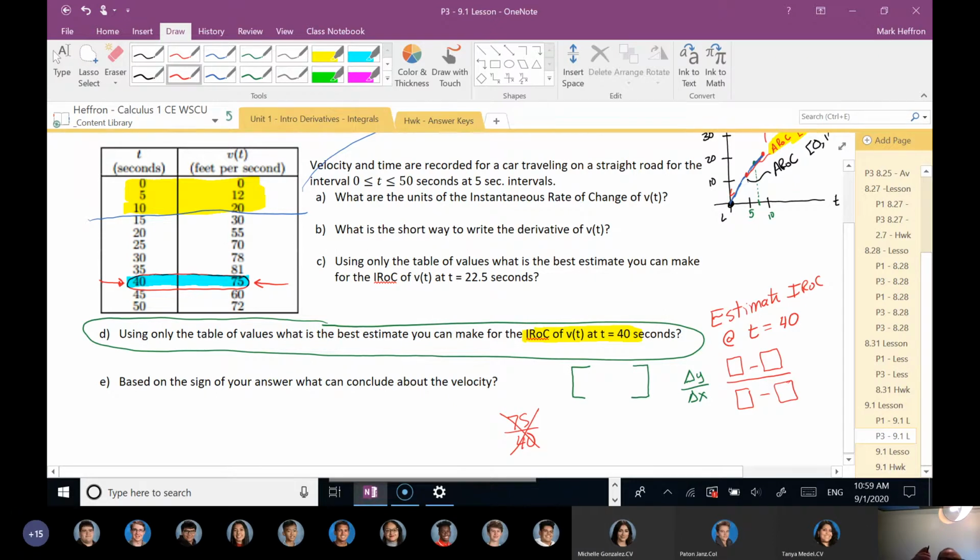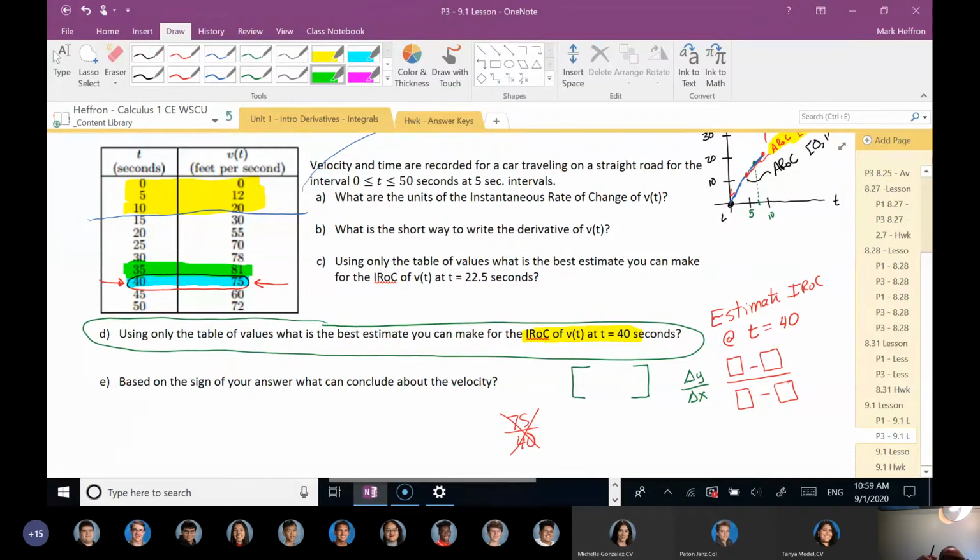So we talked about being on either side of the thing we want, right? What would be the interval on either side of 40? You see how 35 is the time right before 40.